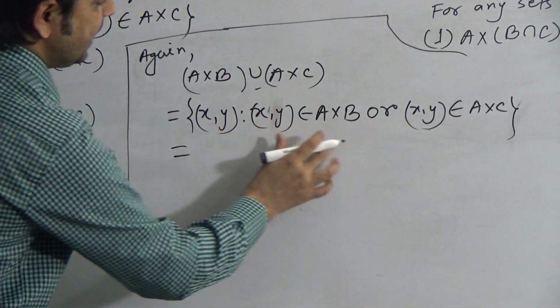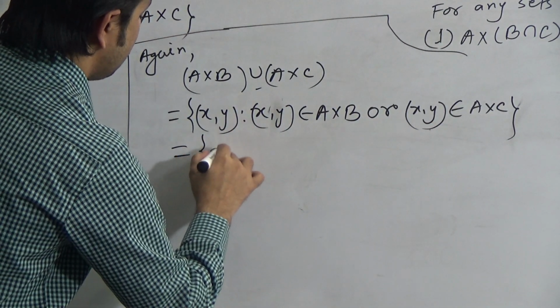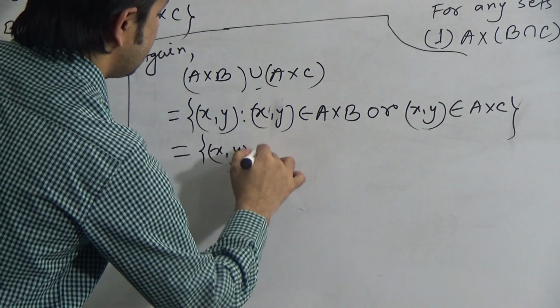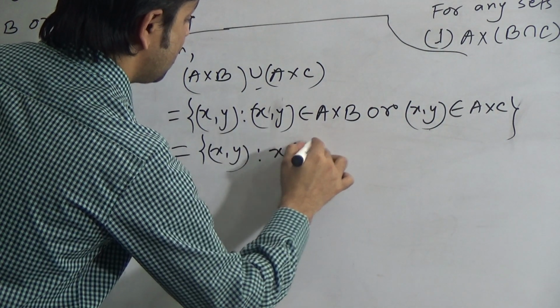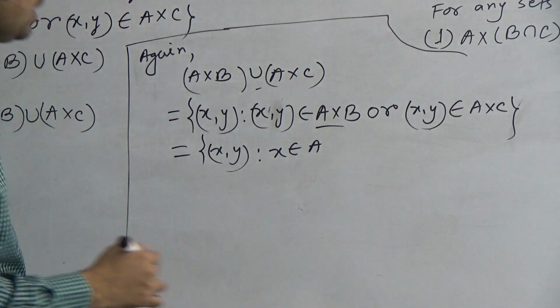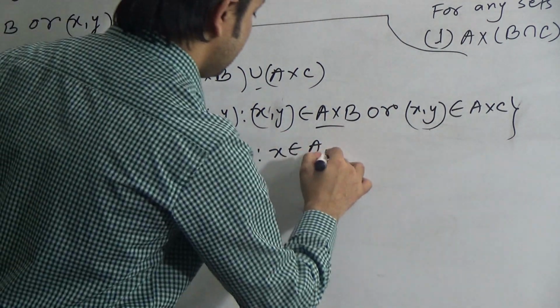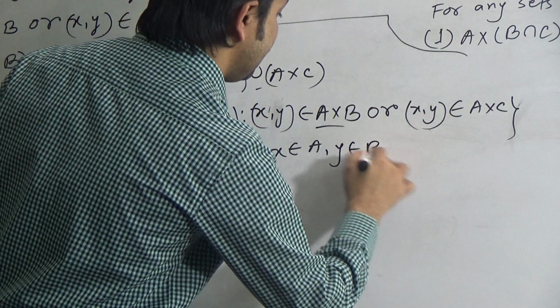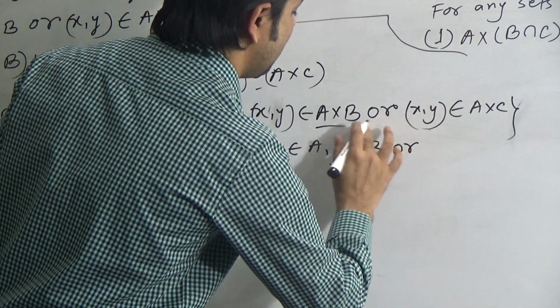So, expanding this, now we can write x comma y such that x belongs to A. A cross B means x belongs to A, y belongs to B. As here is OR, we can write OR.